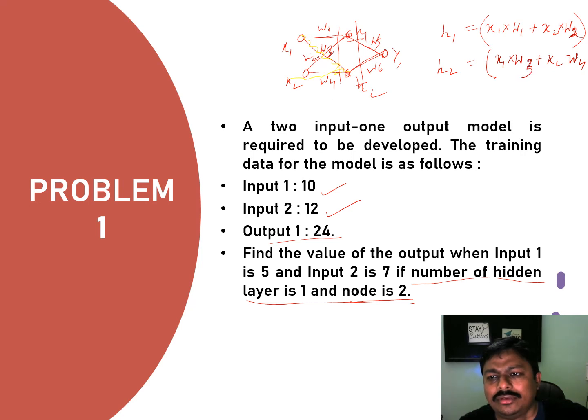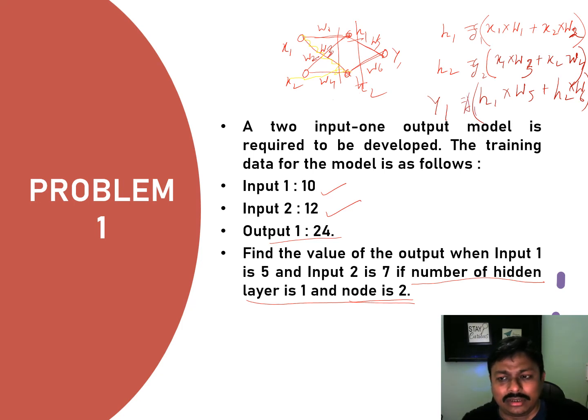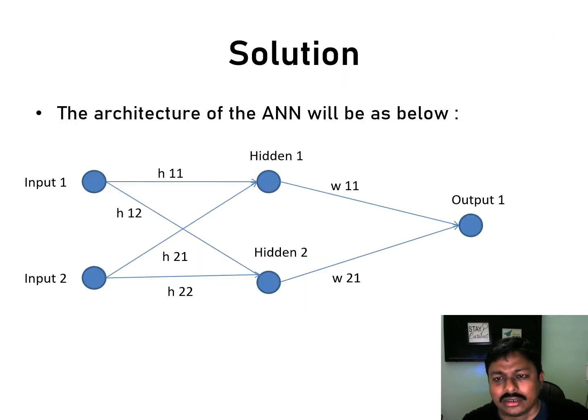There is no H3, as in the previous example. Now what is our y1? It is h1 into w5 plus h2 into w6. For all these cases, there will be some activation function, G1, G2, but they have not said what activation functions are to be used.